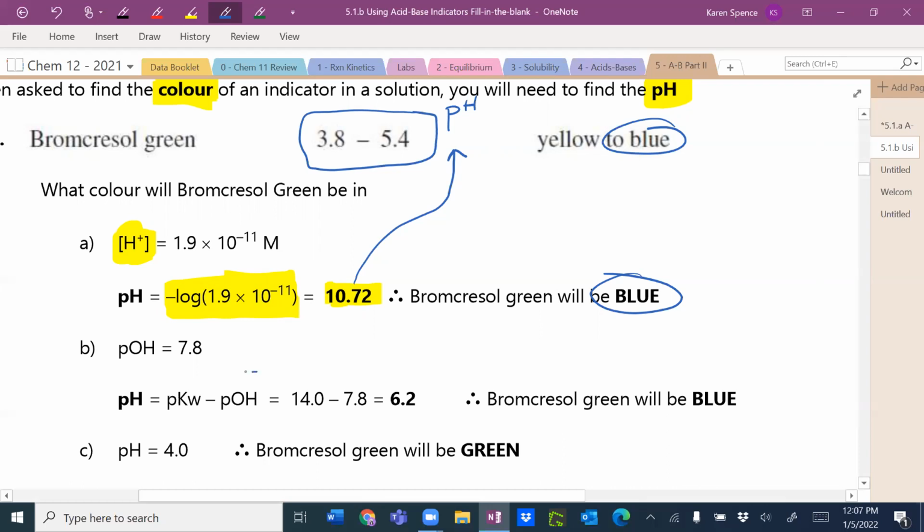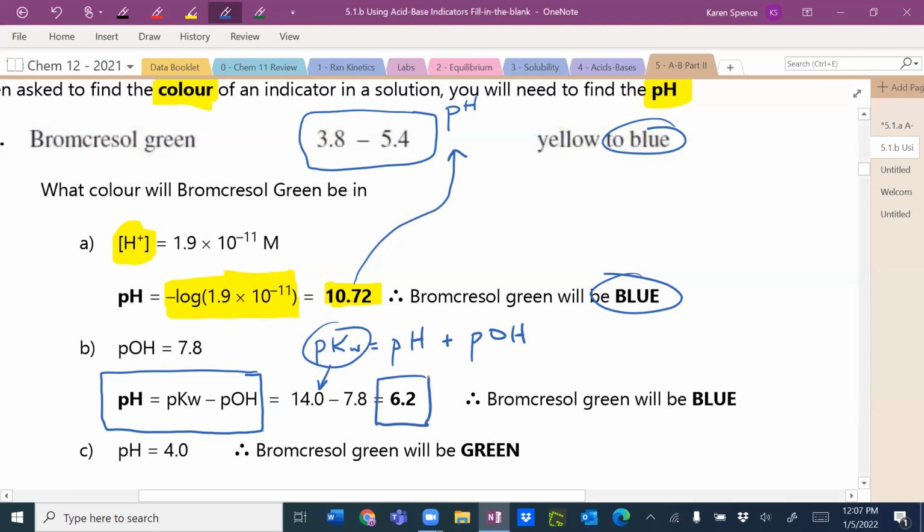And hopefully you know that pH is equal to the pKw minus pOH, because of course pKw is equal to pH plus pOH. And the value of pKw is 14. So that's going to be 14 minus the pOH 7.8, which gives us 6.2.